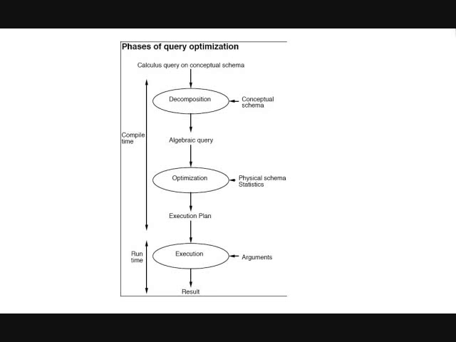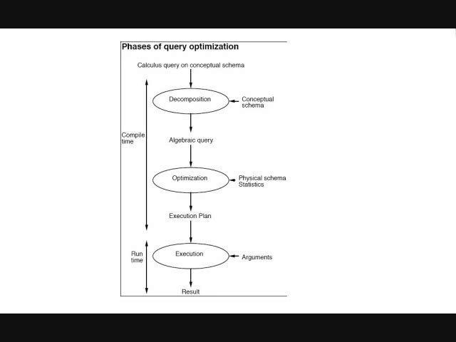We then say we're going to optimize this, and so we reorganize the query. And what we do, we take details of the physical schema, so we know what files we've got, what file organizations we've got, how big they are, how selective our predicates are, all that sort of thing. So you've got physical schema and statistics.